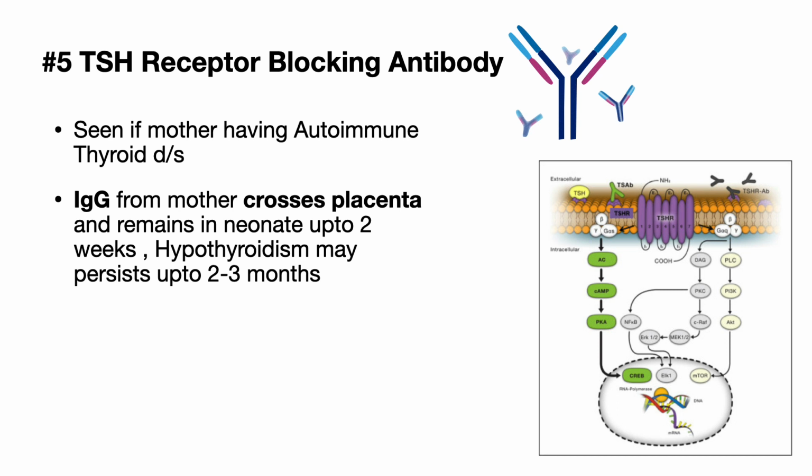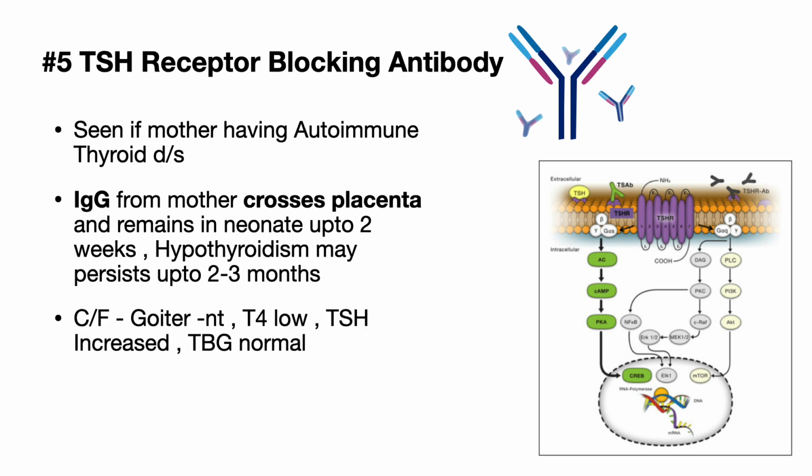The hypothyroidism caused may persist up to 2 to 3 months. The clinical features include goiter, which is often absent, T4 which is low, TSH increased, and TBG normal. Since the hypothyroidism persists for 2 to 3 months, although it is a transient phenomenon, it may require treatment.